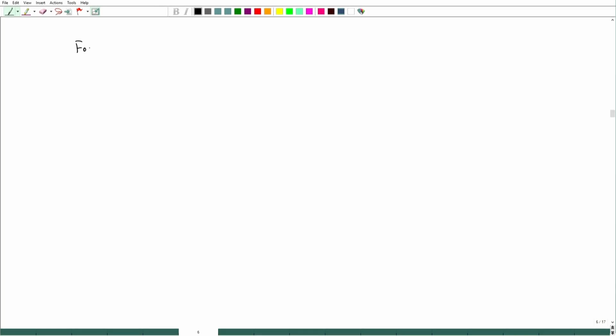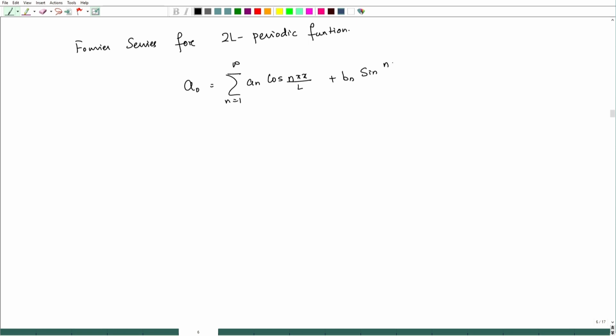So the Fourier series can be given as a 0 plus the summation over n equal to 1 to infinity of a n cos n pi x divided by L plus b n sin n pi x by L. This is the Fourier series.